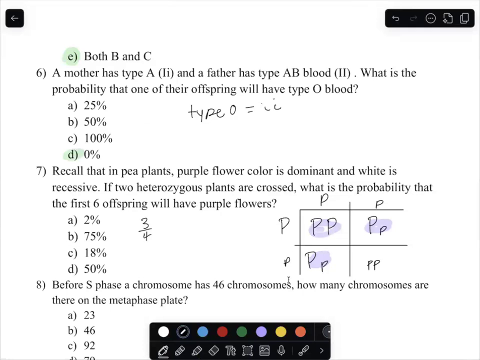So the probability that their first six offspring will have purple flowers is you would just do 3 out of 4, 3 out of 4, you just do that 6 times. And that would be your probability. If you do the math, it comes to 18%.